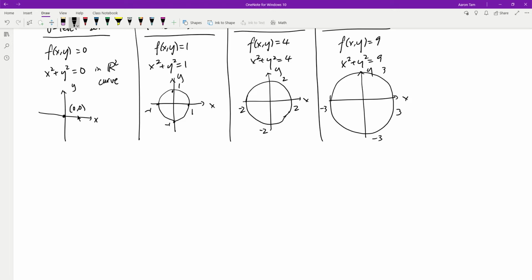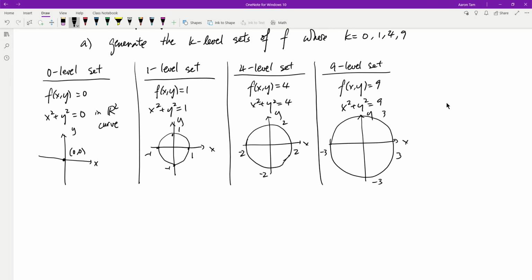Now why? Because I'm looking at it from the positive Z direction, and therefore the 9 level set definitely will be a lot closer to me than the 4 or the 1 or the 0. So if you think about it from the top-down view, the top-down view of our function would look something like this.